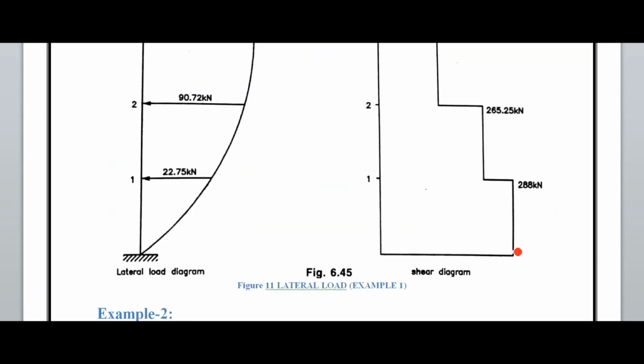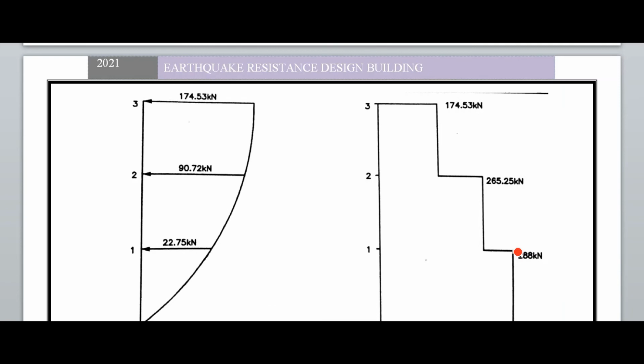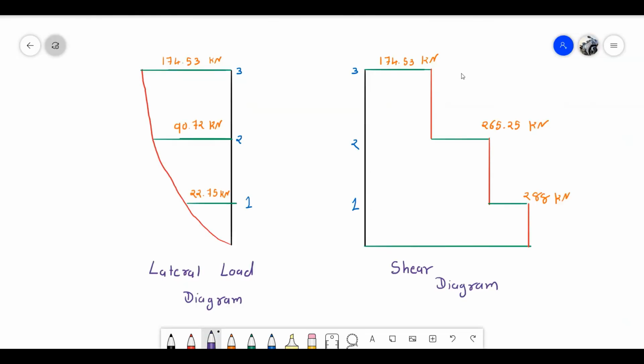Now we have some figures, we just have to draw them. Okay, give me some time. Students, here is the first example figure, the lateral load diagram as well as the shear diagram.